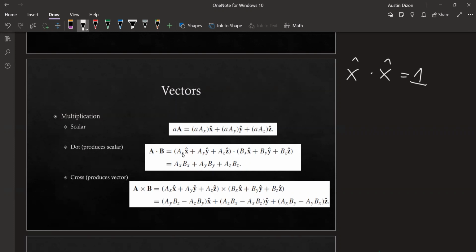Pero in reality, dinidistribute natin sila. Magiging AX x hat dotted with BX x hat. In reality, ginagawa natin to: AX x hat dotted with BY y hat.